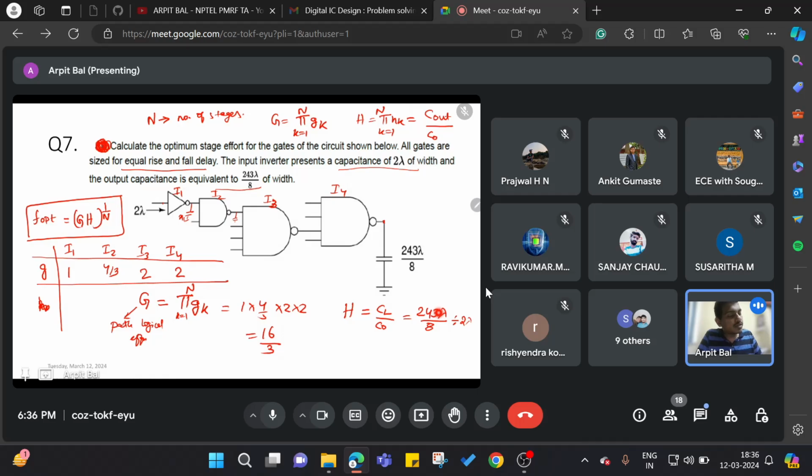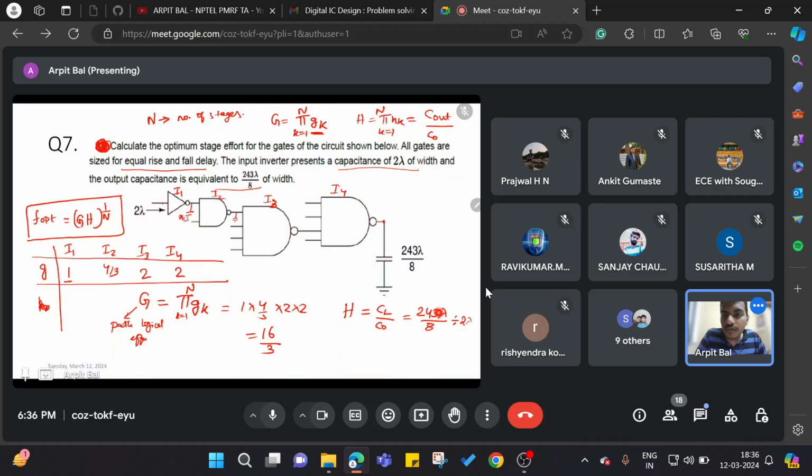So the first thing that we need to find out is GK, that is the logical effort for individual gates. We name the gates as I1, I2, I3, I4, and we figure out the logical efforts for each of these gates. For an inverter, it is 1.